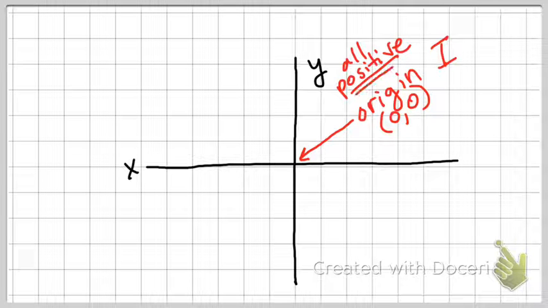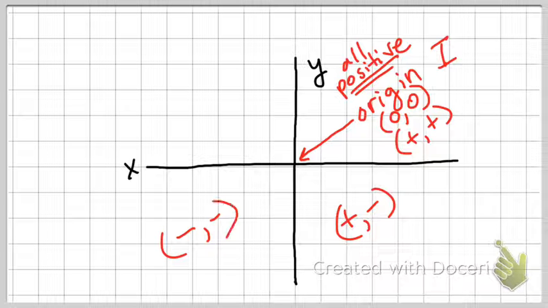Quadrant 1 is the only one that has that. So it's positive, positive, and in this case here we have a positive x, we have a negative y. Over here both are negative, and here we have a negative x and a positive y. So we're going to work in quadrant 1.